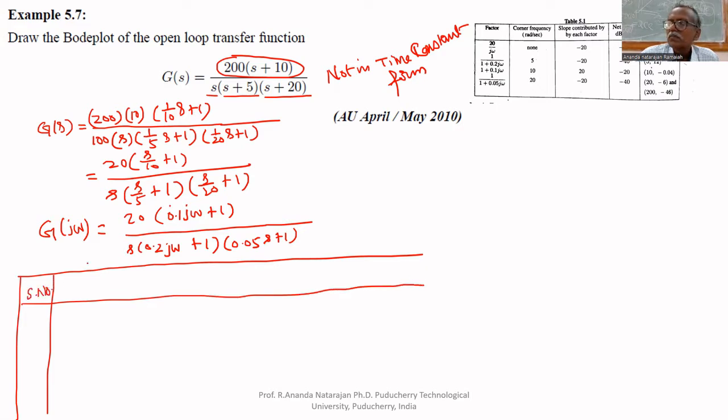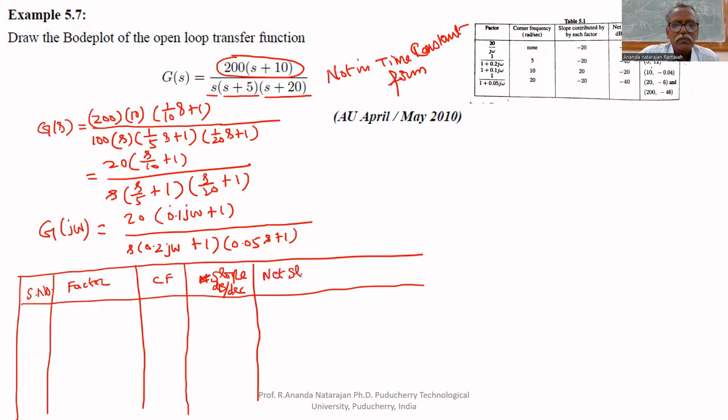Number of factors. Then what is the factor we have to write? Corner frequency we have to write. Then net slope contributed by this factor in dB per decade. Net slope. Then coordinate.